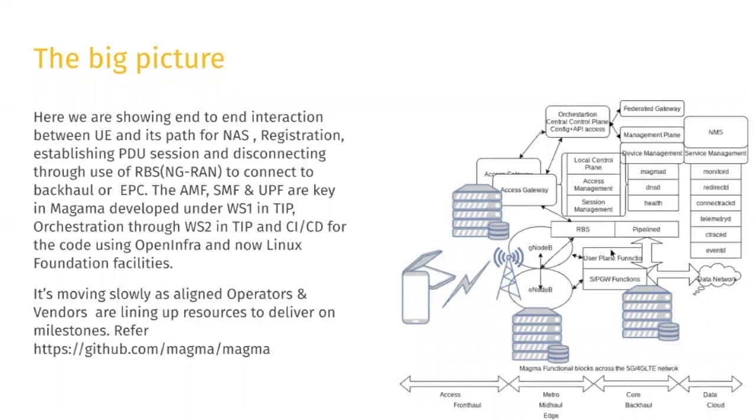Once the connection is coming, it will be registered, and once you register, that is after authentication, authorization, and accounting are all established, then you will be able to create a PDU session, that is the packet data unit. And once you do a packet data session, the IP generally in 4G comes from the packet gateway, and in 5G it will come from the user plane function, to give some IP to the device.